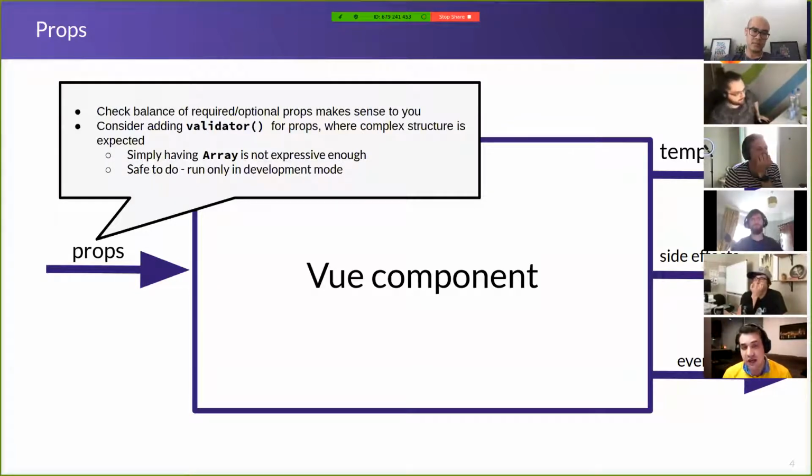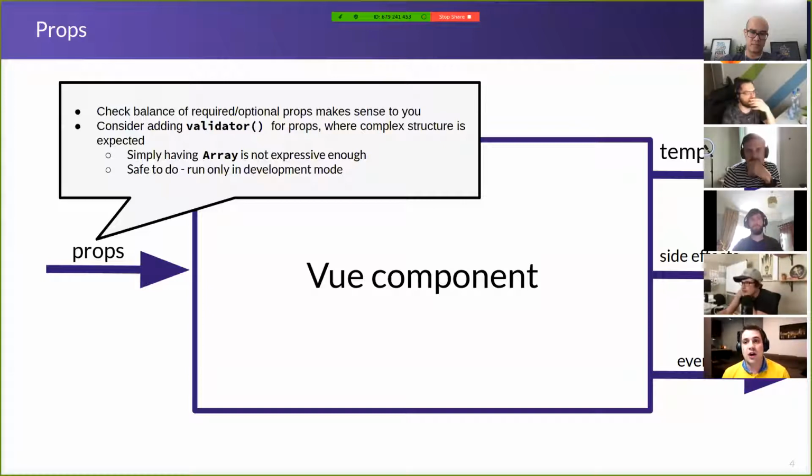Writing complex validators allows us to feel safe when we are consuming the component. But what we often see is just, okay, this prop is an array and nothing more, and I feel like this is not enough because it actually tells nothing about the structure of the expected data.